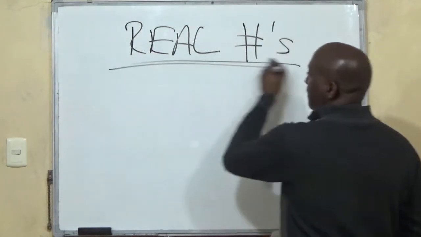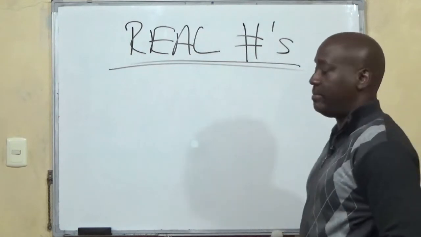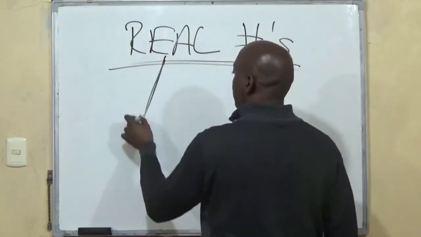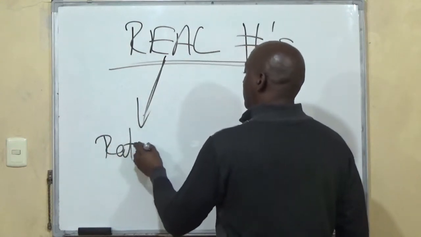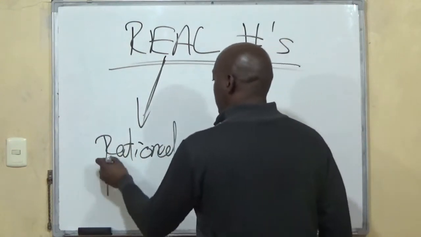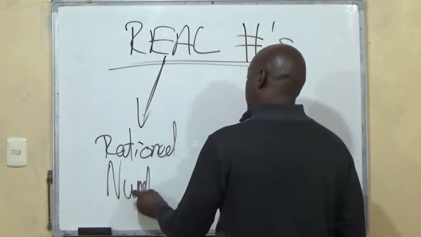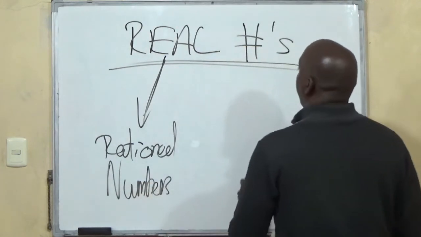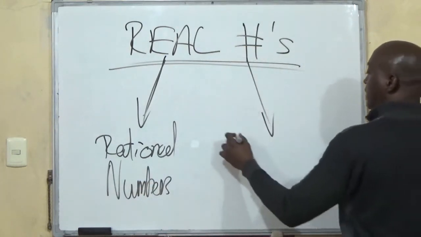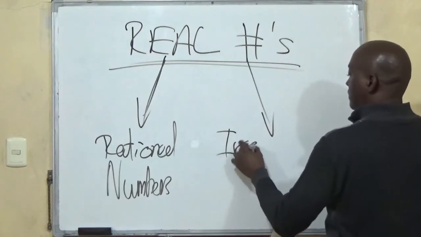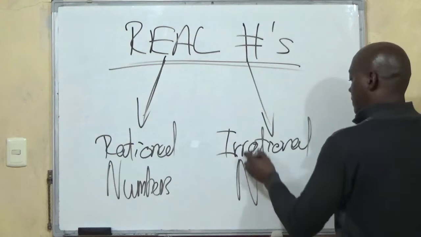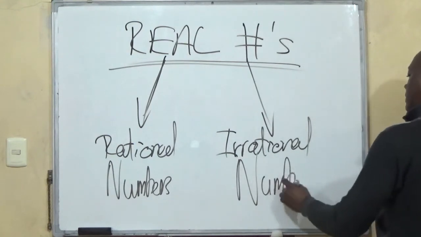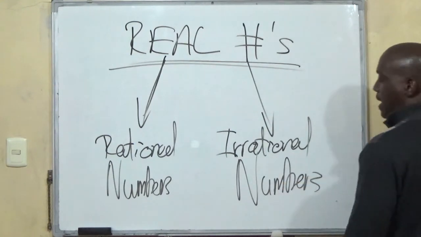And those real numbers can be divided into your rational numbers and your irrational numbers.